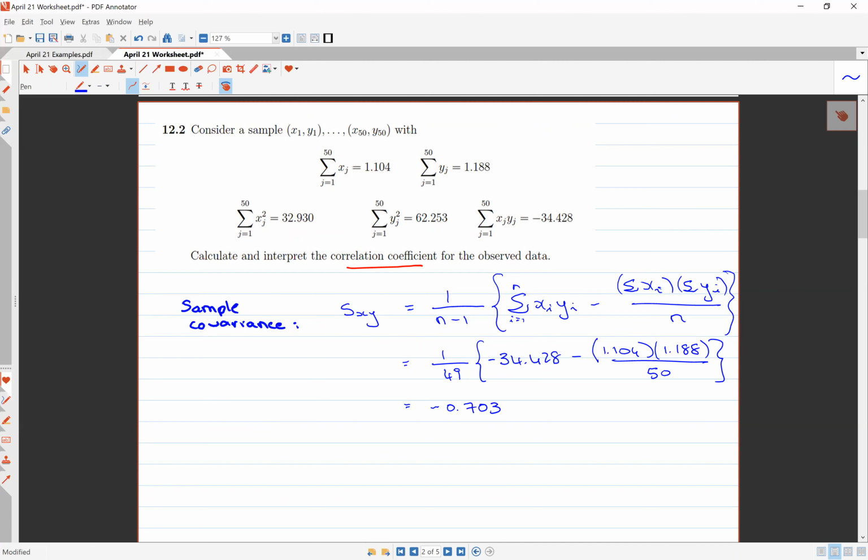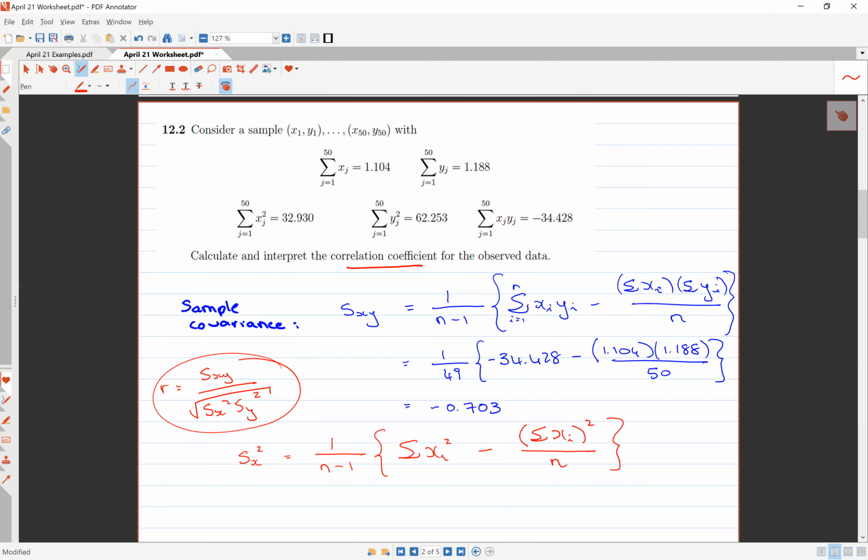Now, to get the correlation, it is going to be the sample covariance divided by the square root of the product of the variances. So we also need our sample variances. But we have what we need. Now, this is a bit of a throwback, but hopefully you remember the sample variance, say for the X data, is given by 1 over n minus 1, sum of the squared X values minus the sum of the X values squared over the sample size.